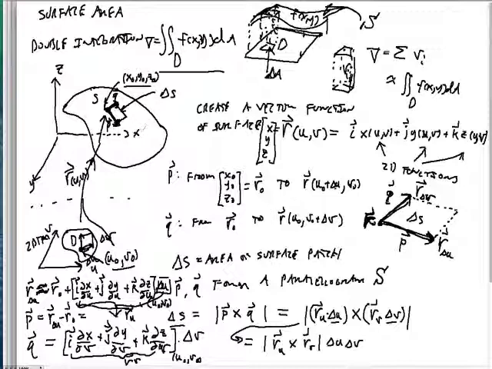All right, so what this represents is that if I want to find the surface area of this whole surface, it's going to be approximately adding up all the delta S's, which is equal to adding up all of these cross products.